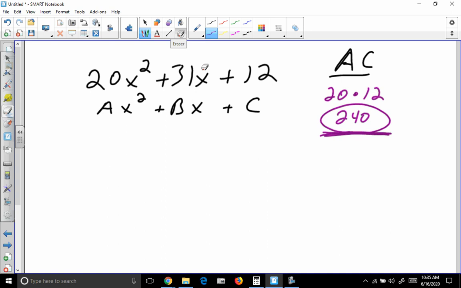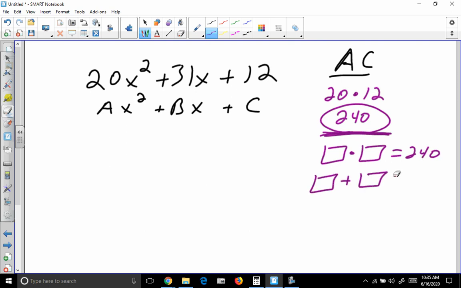So similar to the problems where we don't have a coefficient in the front, instead of numbers that multiply to make 12 and add to make 31, we're looking for numbers that multiply to make 240 and add to make 31. So once we get a times c, what numbers multiply together to make 240, and when we add those numbers together, make that middle term, 31.